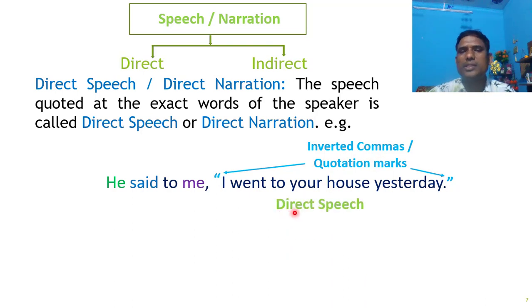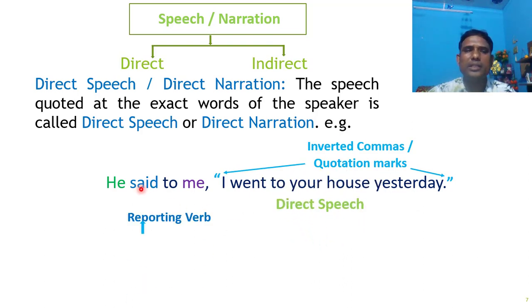The direct speech is put within the inverted commas or quotation marks to mark up the actual words of the speaker. So, the speech under the quotation marks or inverted commas is called direct speech.